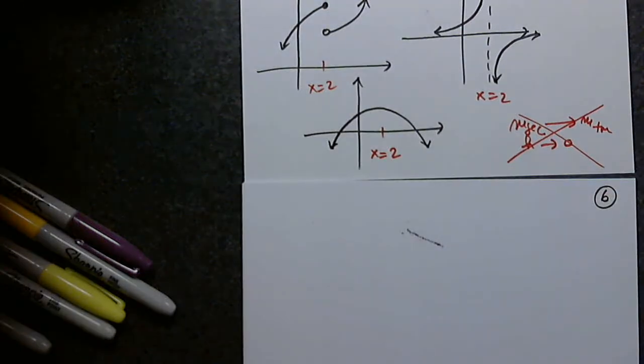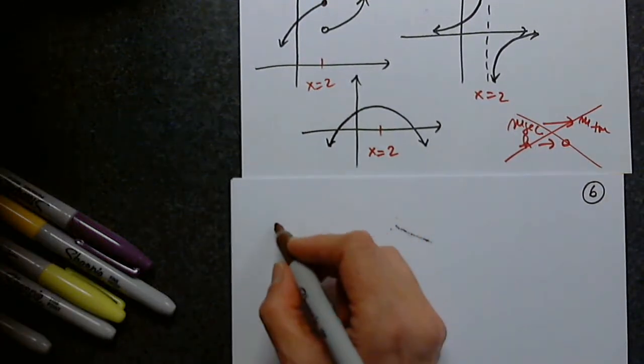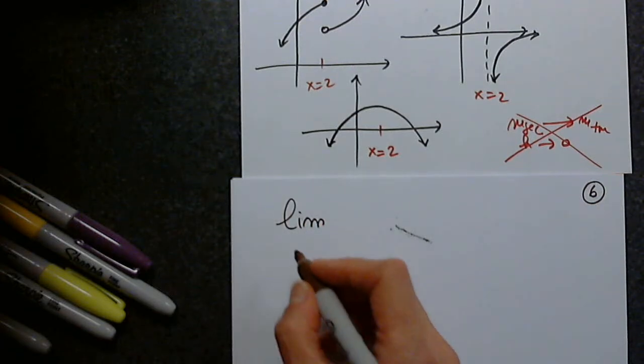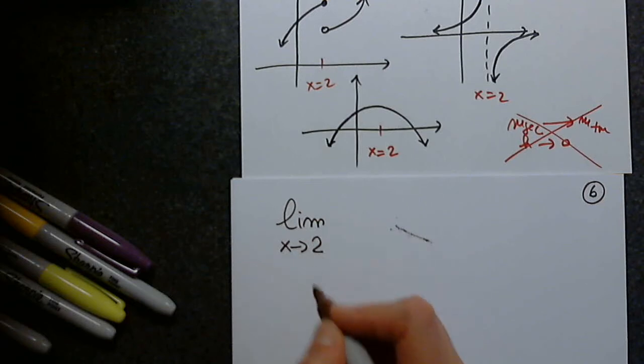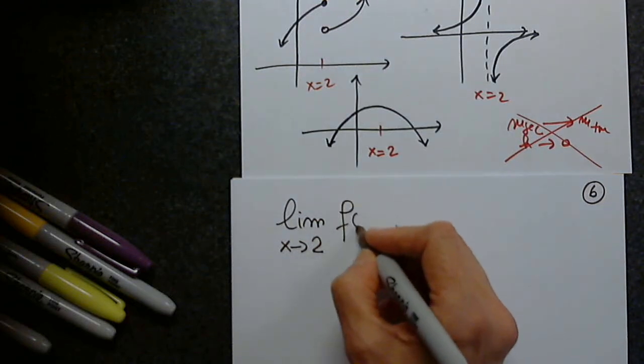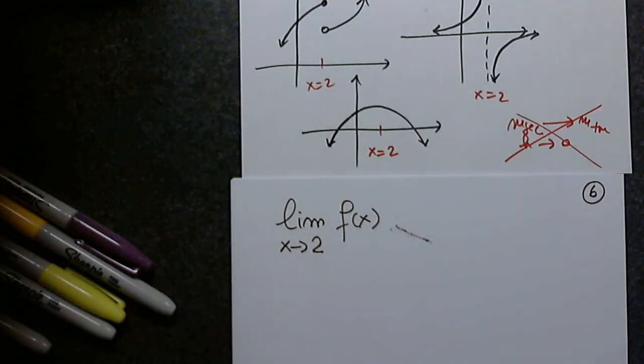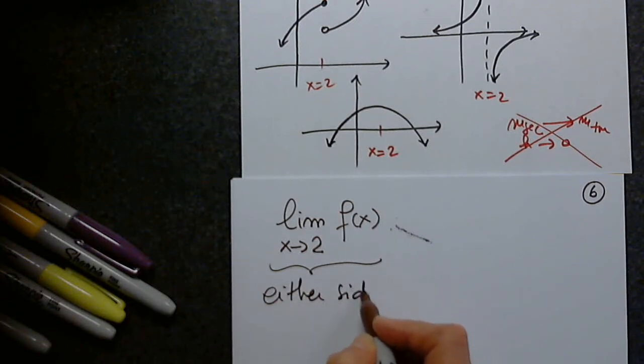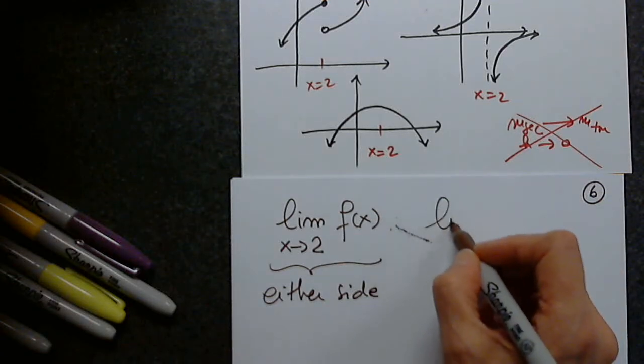And here is how we read it and how we write it. It's LIM as x approaches 2 of the function f of x, or the limit of f of x as x approaches 2. This, by definition, means from either side. So this is the limit from either side. We have two more.